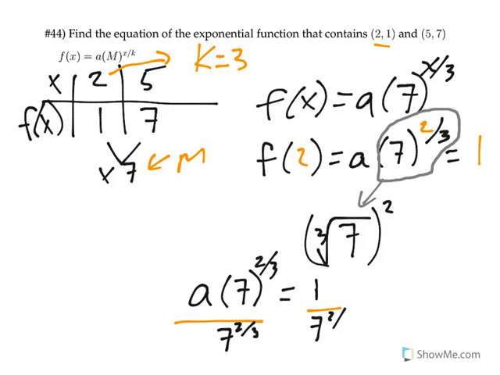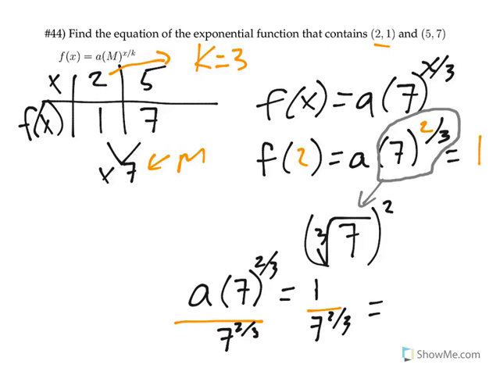And as I take out my calculator, pardon me while I take out my calculator, I mean I could call that 7 to the minus 2/3 or something like that, but I'd like to get an estimate of what that is, maybe rounded to 4 decimal places.